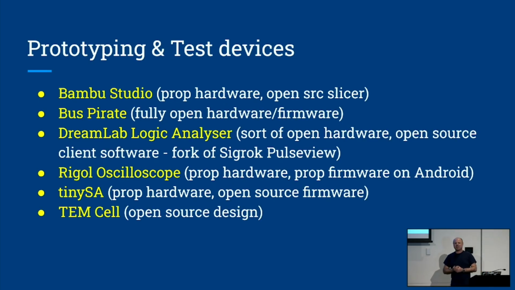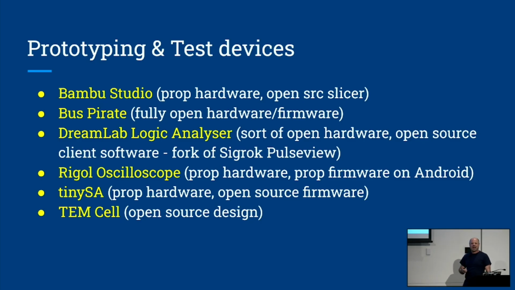So doing the actual design, you've then got the prototyping and testing of the devices that actually get built. Here's another recap of some of the tools I've already mentioned. The main things that went on the previous slide are things like having the Bus Pirate for various serial protocols.